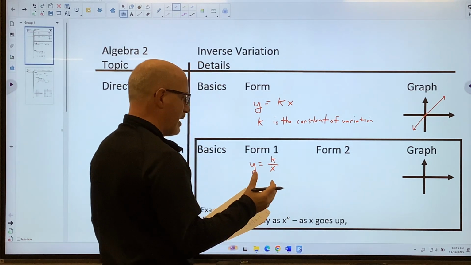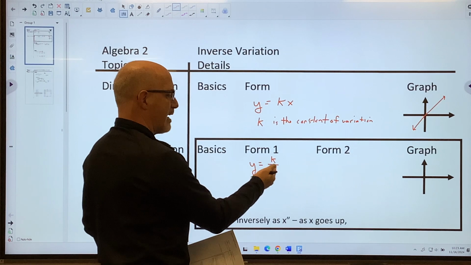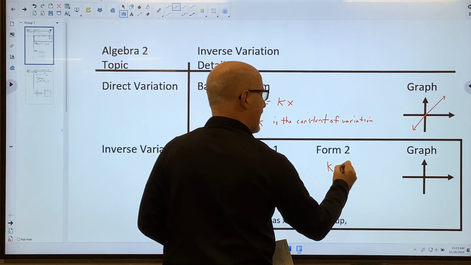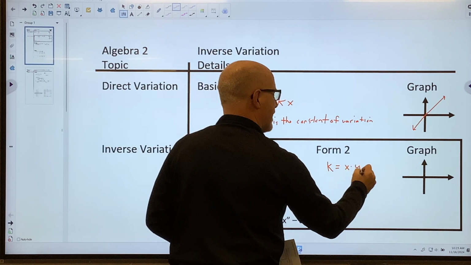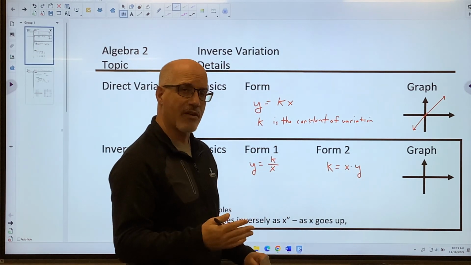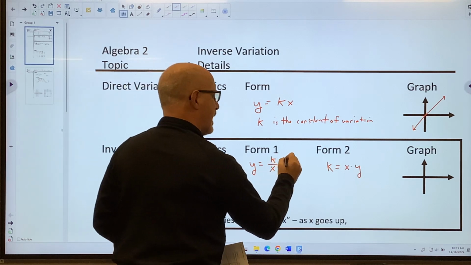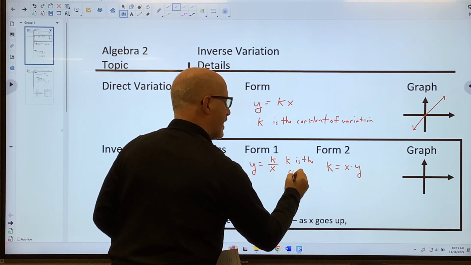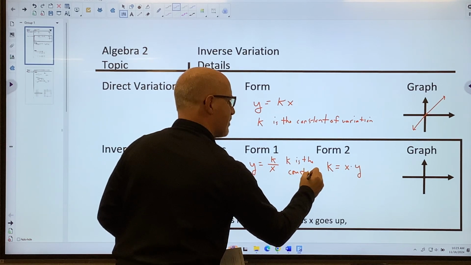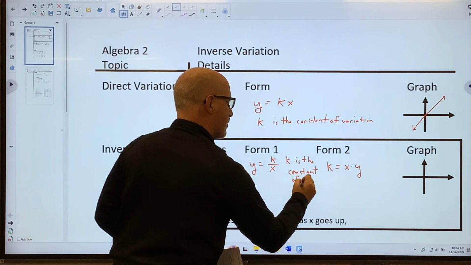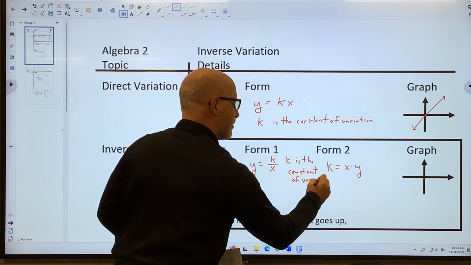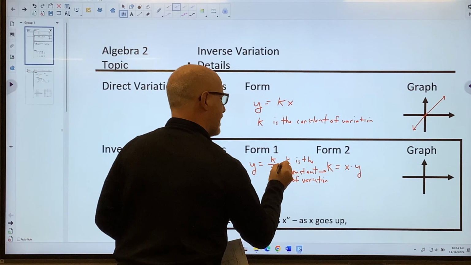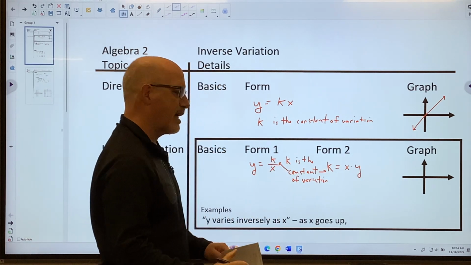Another way to look at this form is if we multiply by x on both sides, we can get that x out of the denominator, and then we could say that k equals x times y. If you multiply the x and y values together, you'll get that constant. So k is the constant of variation, the same k in both forms.